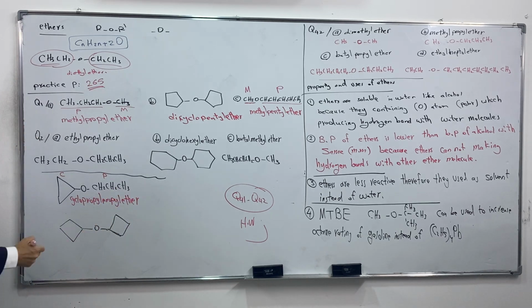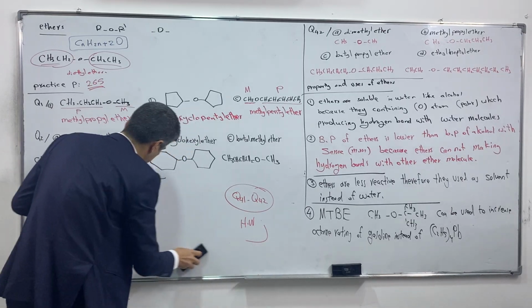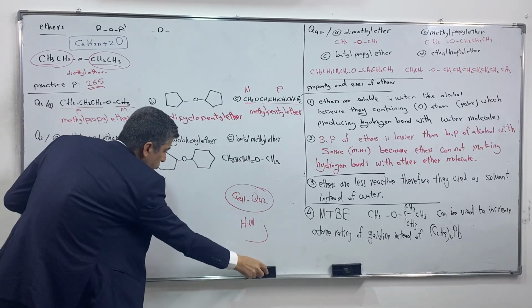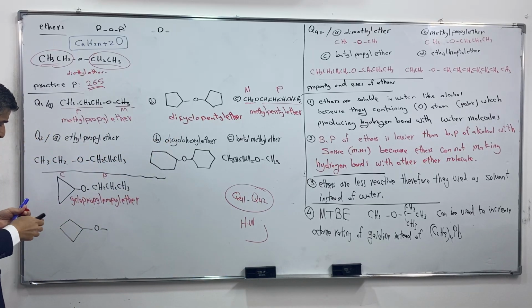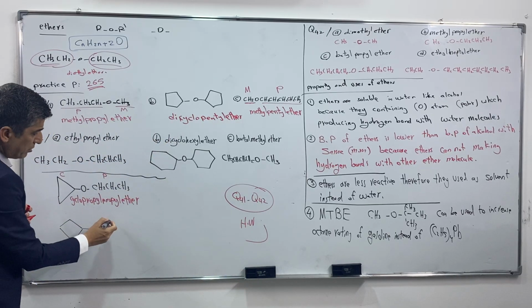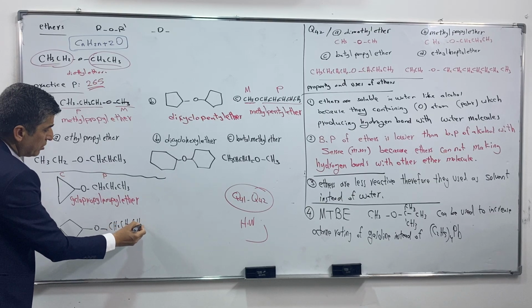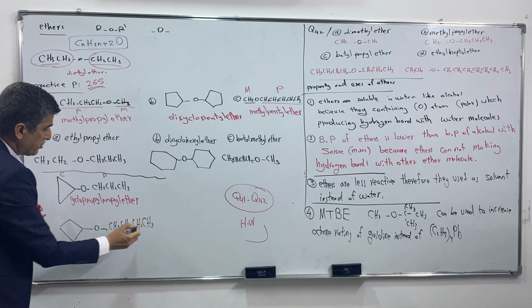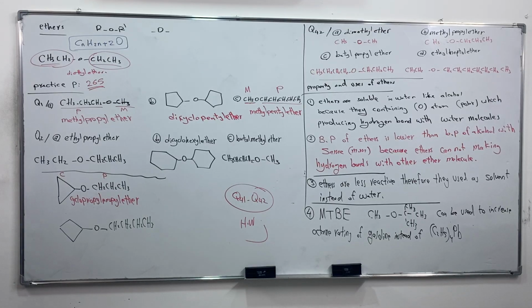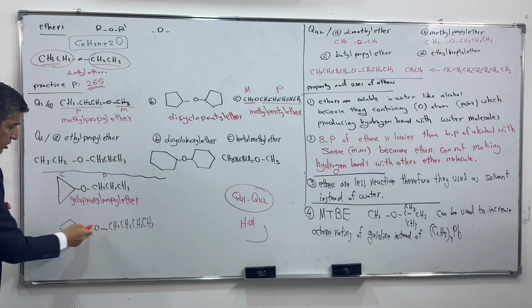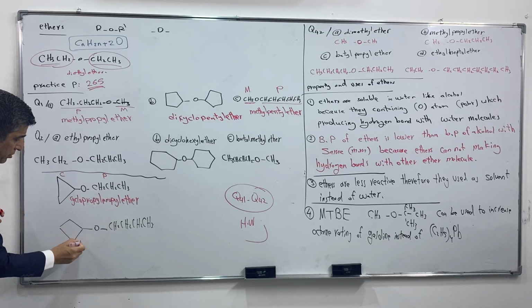But in this question, on the left hand we have a butyl group, and on the right hand we have a cyclobutyl group. So the name for this compound will be butyl cyclobutyl ether.